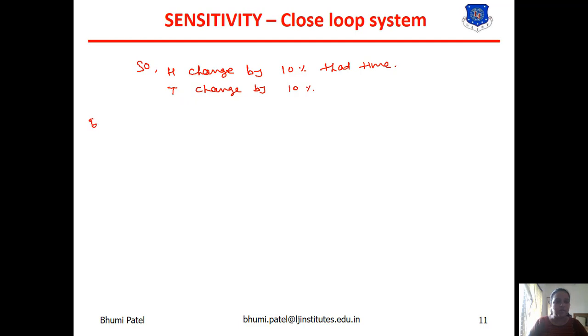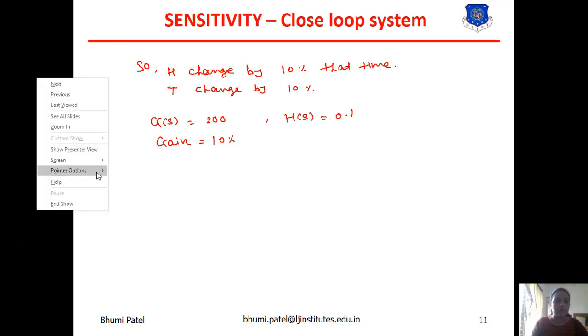Now let's take one example. Suppose the forward path gain is given as 200 and the change in the gain of the system is given as 10%, and the feedback element H of S is given as 0.1.